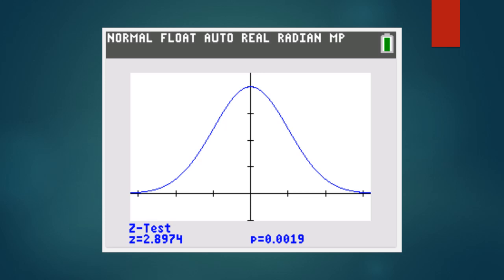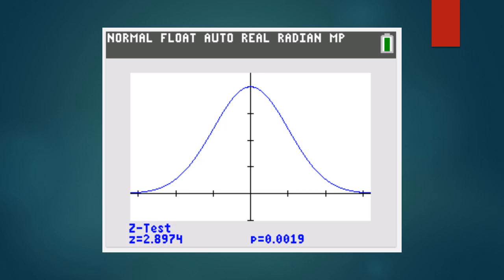That's almost 2 out of 1,000, 1 out of 500 chance of getting our results. That is a tiny shaded area, so tiny you can't see it. Now, if your shaded area is so tiny you can't see it, that means your results are pretty unlikely. You're not likely to get your results if the null hypothesis is true.